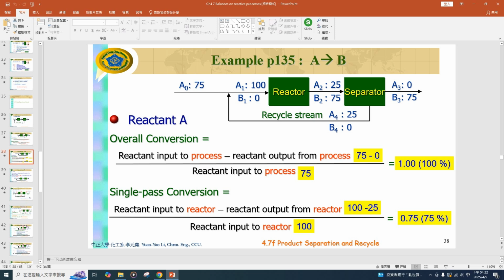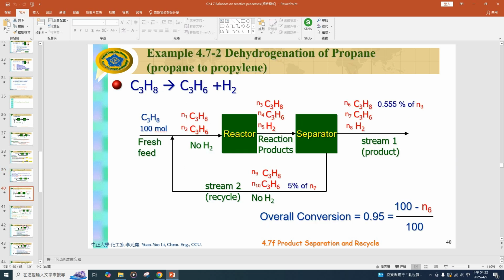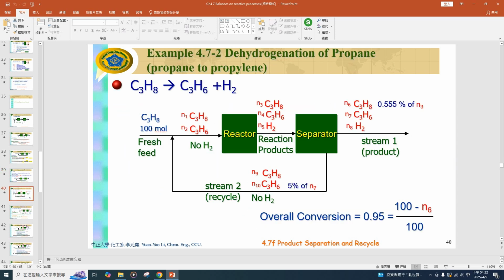Okay, so these are the two important terms, overall conversion and single pass conversion, and we are going to use these two terms to do the example today. Today we start from example 4.7-2, dehydrogenation of propane.